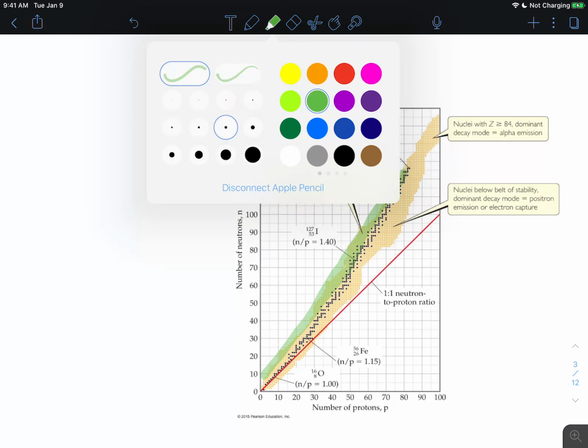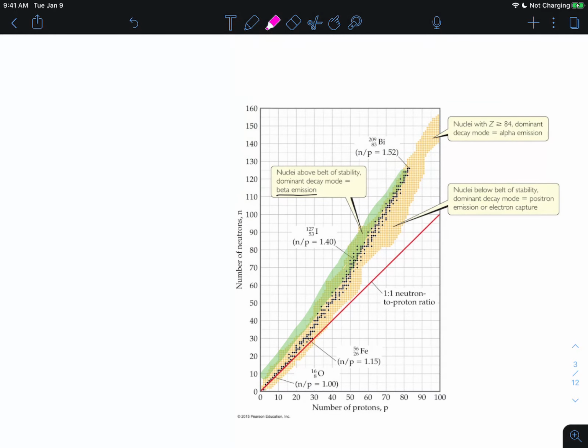If we have a nuclei that exists below this ratio, then we have too many protons. Too many protons, we're going to convert one of those protons into a neutron. So we're going to do positron emission or electron capture.